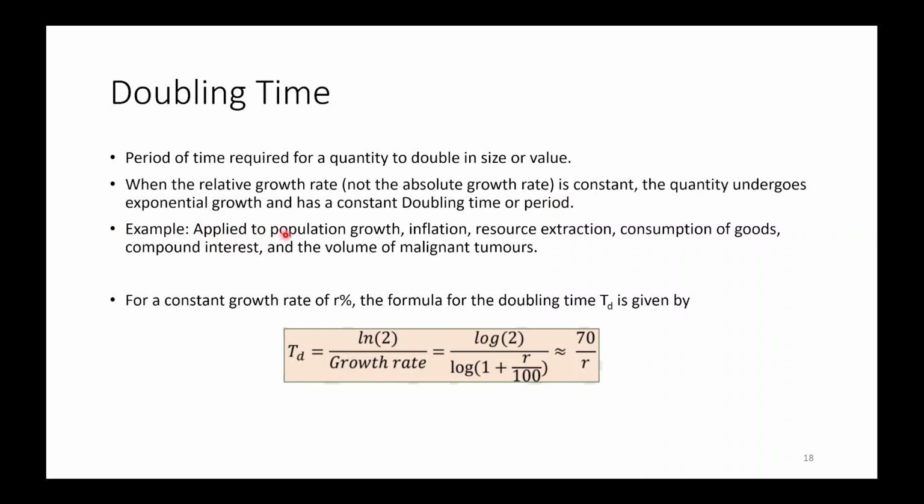Examples include population growth, inflation, resource extraction, consumption of goods, compound interest, and the volume of tumors. For a constant growth rate of R%, the formula for the doubling time TD is given by ln 2 upon the growth rate. In terms of log, we can write log 2 upon log(1 + R/100), and simply we can say 70 upon R.